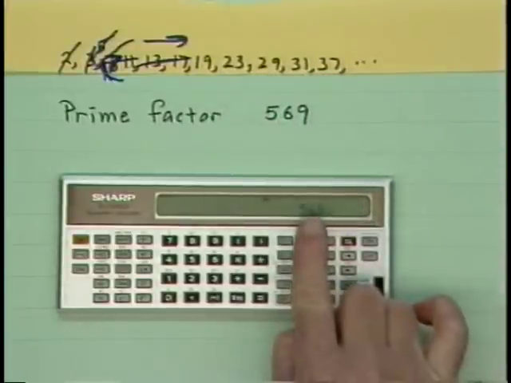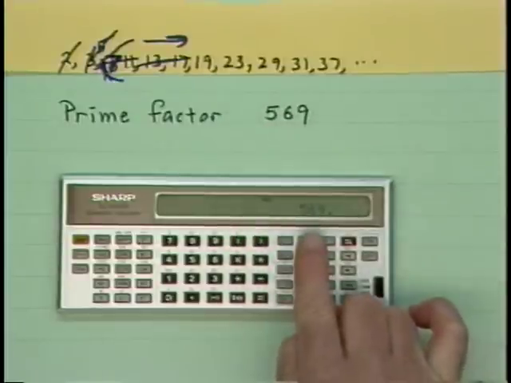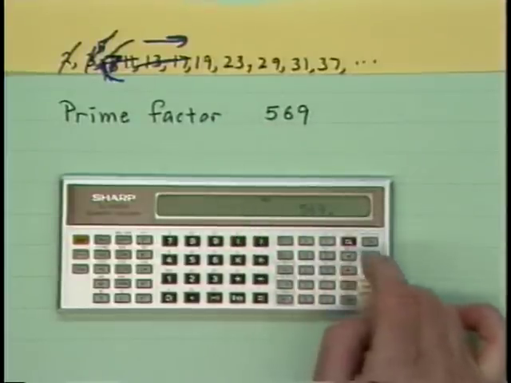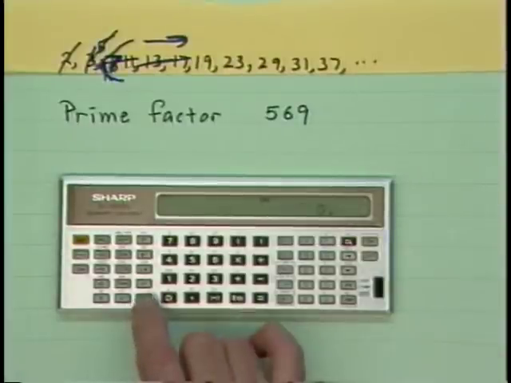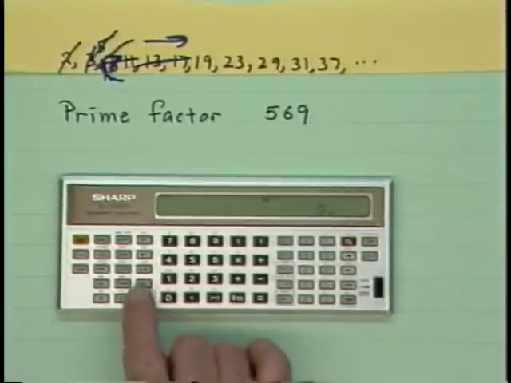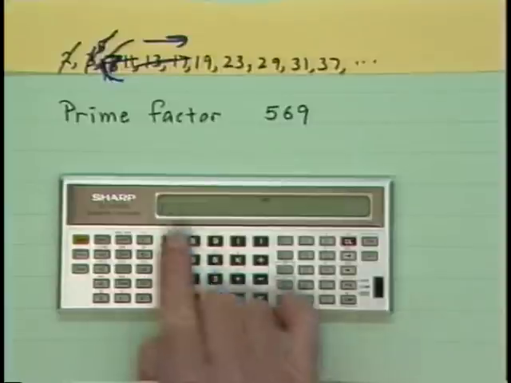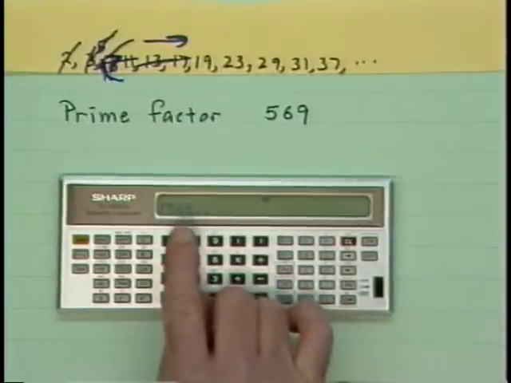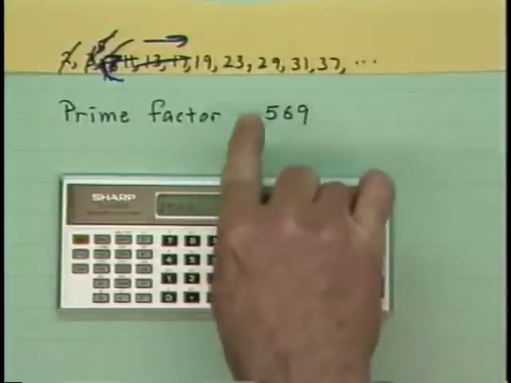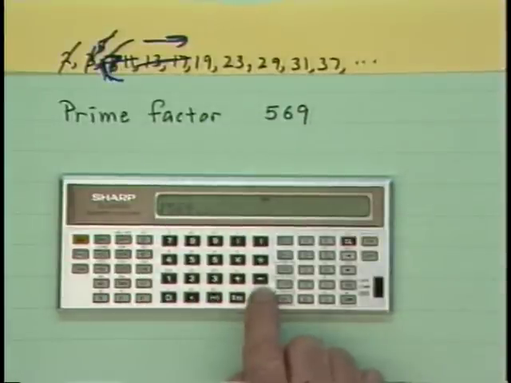So we've recalled that number again from memory, and we're going to square root it. On this calculator, we square root it a little bit differently. On this one, I must push the square root key first, and then memory recall. On your calculator, that's probably reversed. You'll probably recall the number, then hit the square root key.